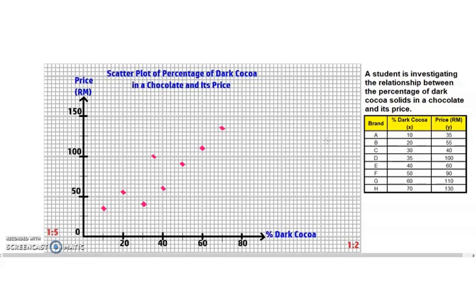However, here we can say that, based on the scatter plot, we can see a pattern of a straight line. So there is a linear pattern.